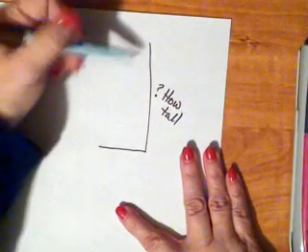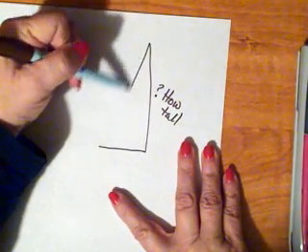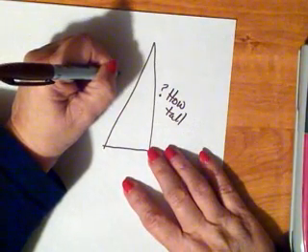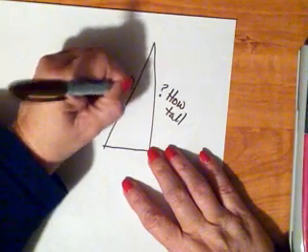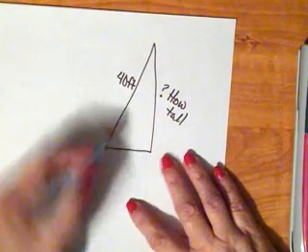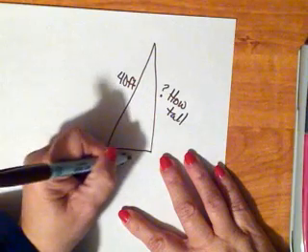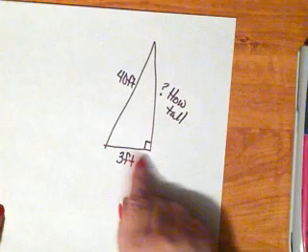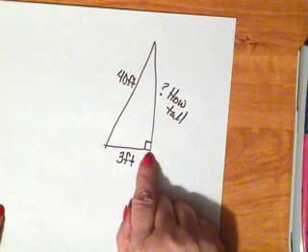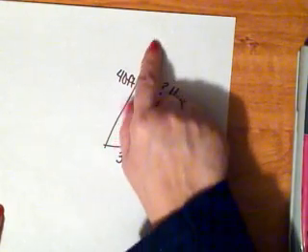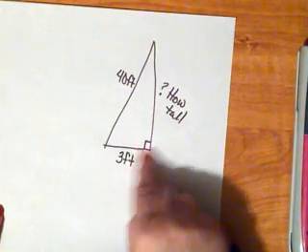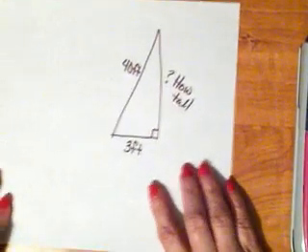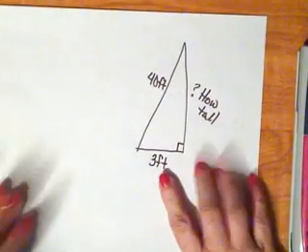And I have a ladder that's extended out 40 feet, and it's propped up 3 feet away from the base of the building. So I want to know how tall this is, and the building and the ground make a right angle. So this is like an application of the Pythagorean Theorem.